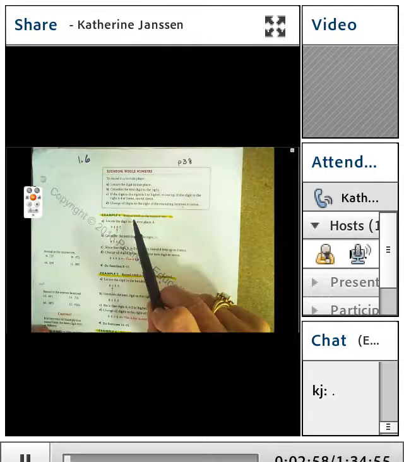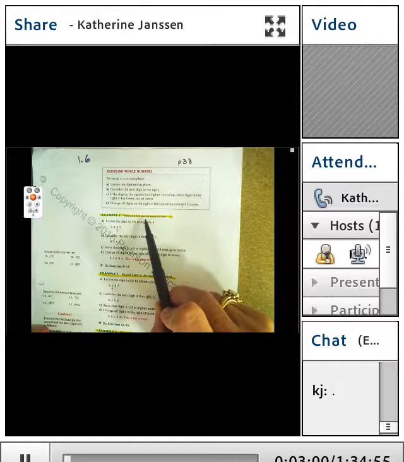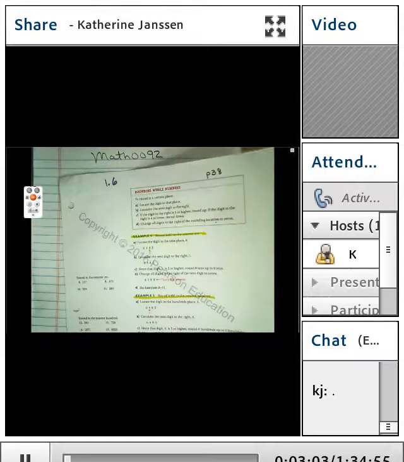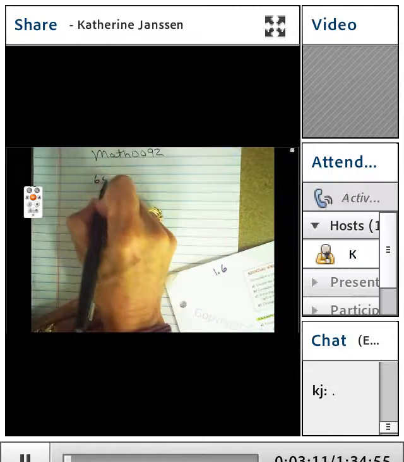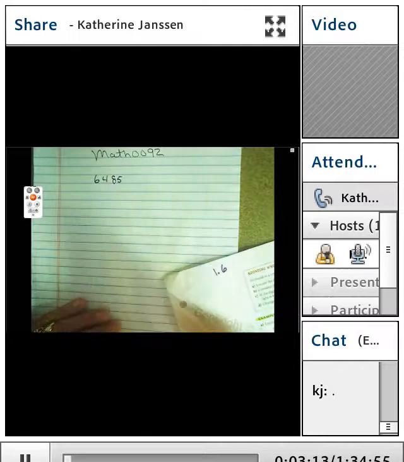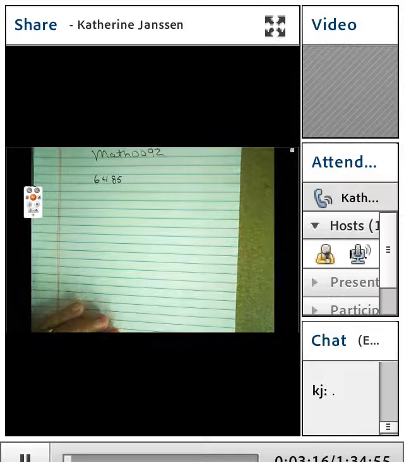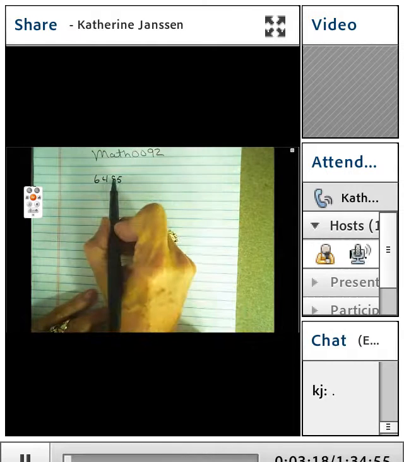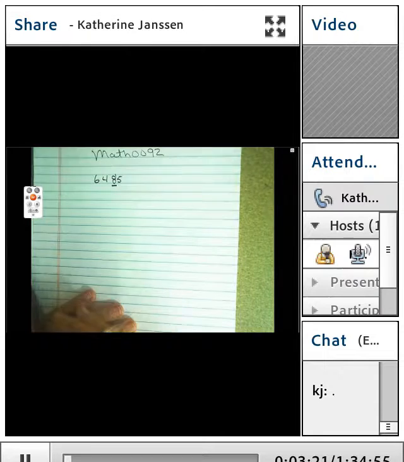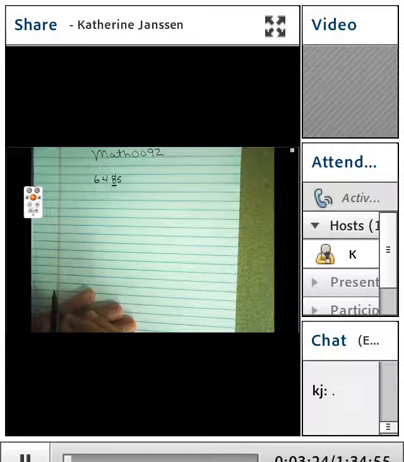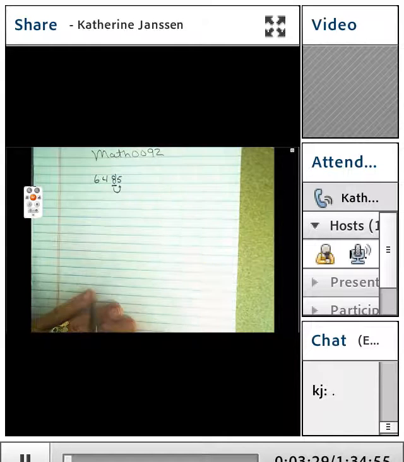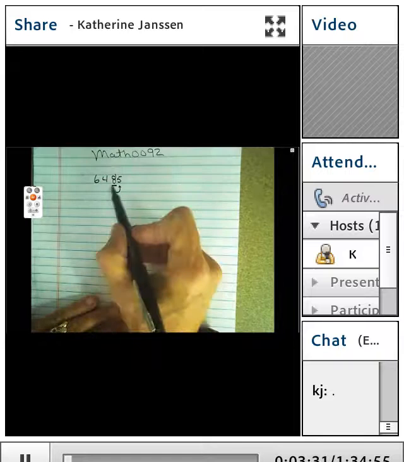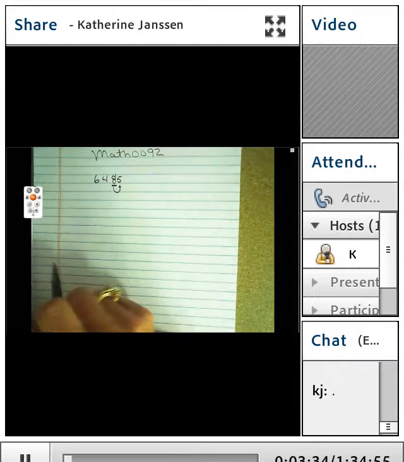For example, round 6,485 to the nearest 10. So we have 6,485, and we're supposed to round to the nearest 10. The first thing we do is determine the place value that we're going to be rounding. So that would be the 10s place. Then we need a little help. We're going to determine, are we going to round up or down? We look at the next door digit to the right and inspect.